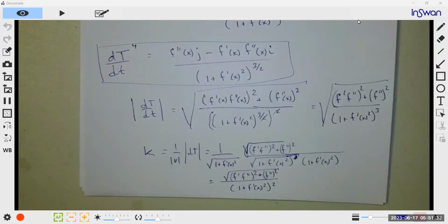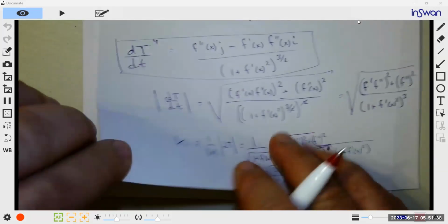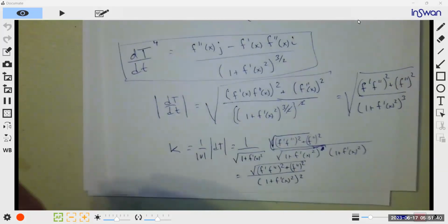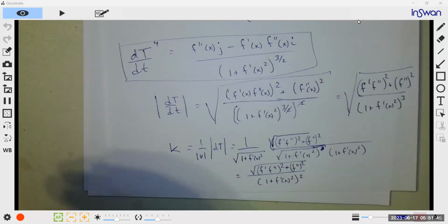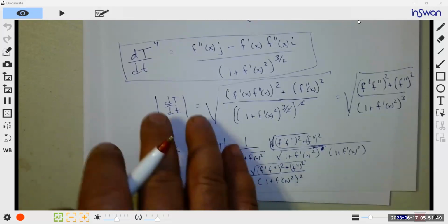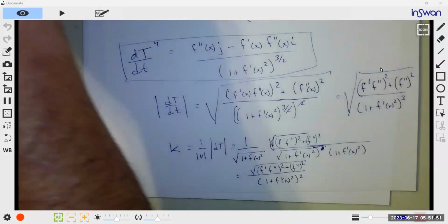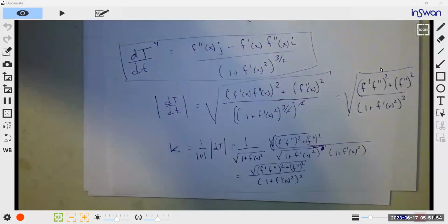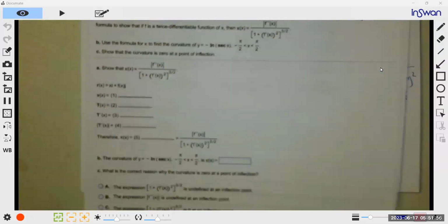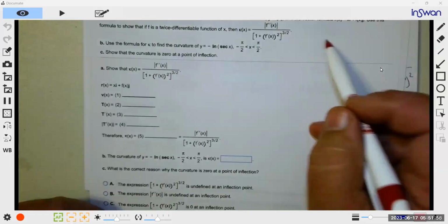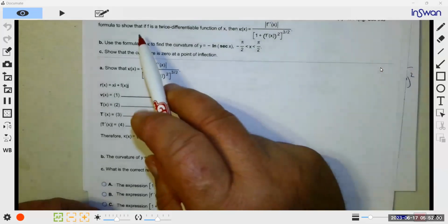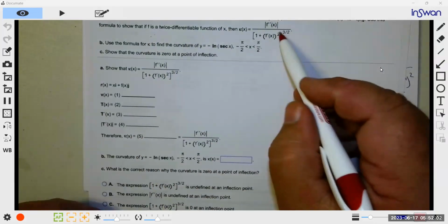All right, where's that question? Let's place that sheet. Okay, yeah. In vector form, use this formula to show that if f is specified.